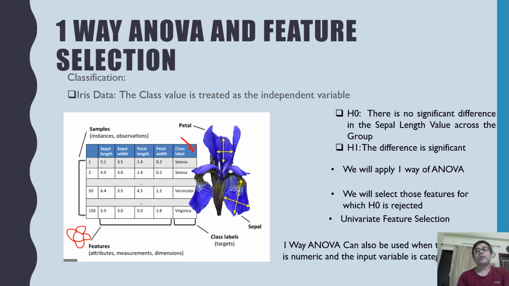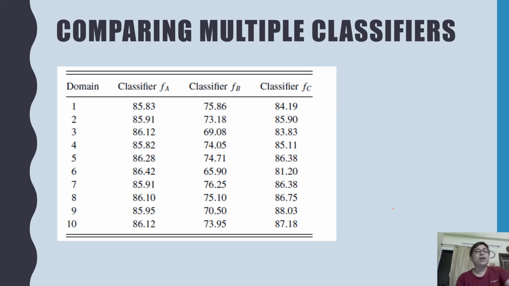And if you reject your null hypothesis, then you know that this housing property plays a role in the housing price prediction. So this is one case. Let's look at another very common case. Let's say you have different data sets, and you have found out classification accuracy by which you evaluate.